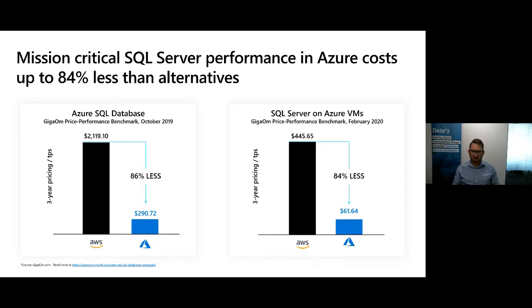The result was that it was up to 86% less in cost, because of things like hybrid benefits and reserved instance pricing, but it also ran 3.6 times faster. That report is available to have a look at. It provides good information for the hardware geeks, those who like to understand more around performance elements, that you can sink your teeth into and see how the two clouds stacked up.